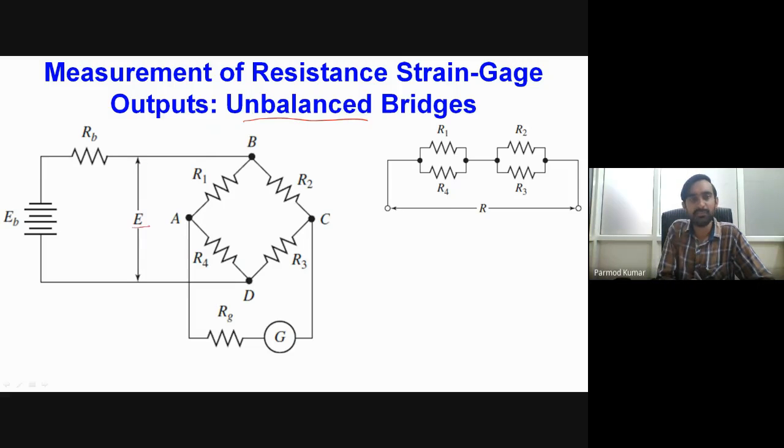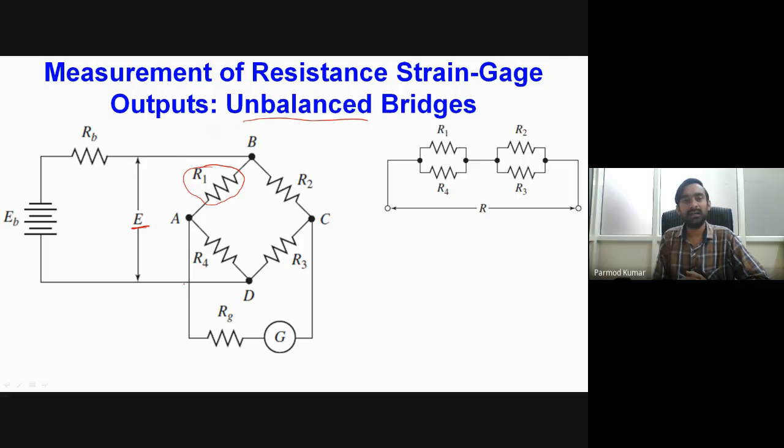This E is what we call the effective voltage acting over our Wheatstone bridge circuit. In this circuit one of the resistances is unknown. For example, I can consider R1 as my unknown resistance, which comes from the strain gauge, and the other three resistances we can take as known.